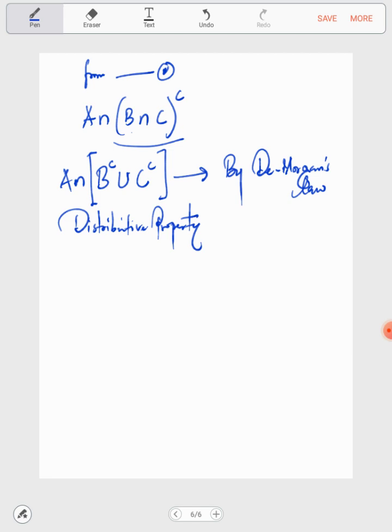Now let me relate it to arithmetic. Remember, if I have 2 in bracket 5 plus 3, I can write this as 2 multiplying 5 plus 2 multiplying 3. This is the distributive property. Now similarly in sets, we have that also applicable.